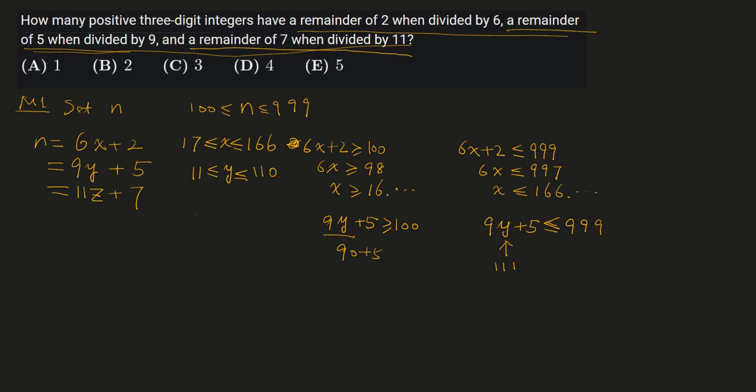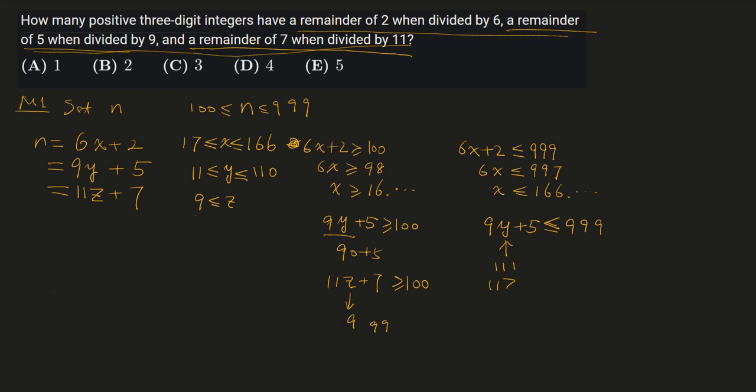Similarly, we can get the bound for z. So 11z plus 7 is greater than or equal to 100. Then we can try the value of 9. 11 times 9 gives you 99. Plus 7, that is right above 100. Beautiful. So the lower bound for z is 9.